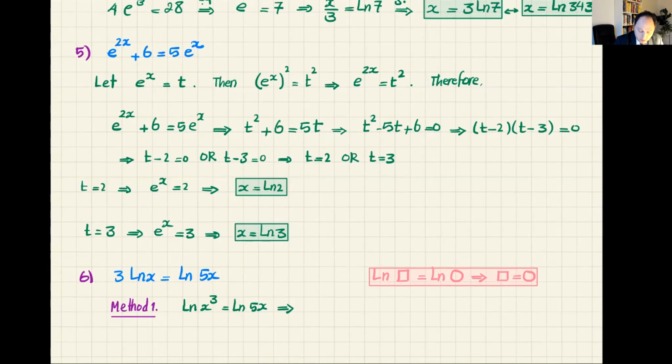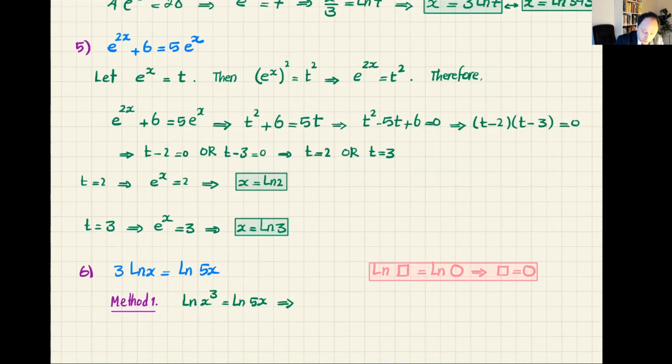Here, this is the box, and this is the circle. I am not saying what you said is wrong, but I will continue from here, because now ln of something is equal to ln of something else. I can immediately conclude that x to the 3 is equal to 5x.